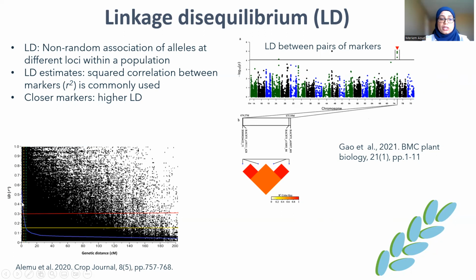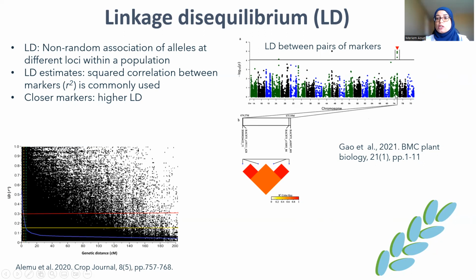The threshold for the LD can be calculated using different methods that you can find in the literature. And that will help you to determine a genetic or physical distance that will help you to define whether the markers that are identified within a chromosome correspond to a single locus or multiple loci, as shown in this Manhattan plot.